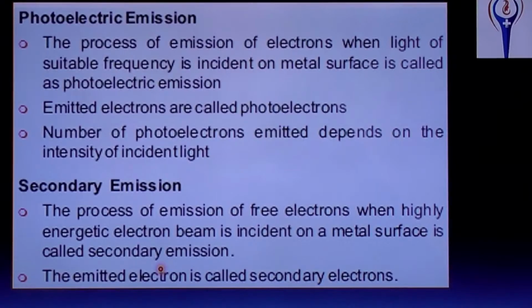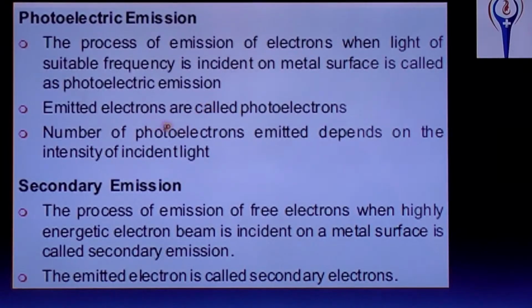Photoelectric emission. The process of emission of electrons when light of suitable frequency is incident on a particular metal surface is called photoelectric emission, and that effect is called the photoelectric effect.